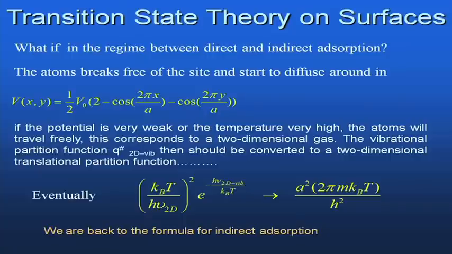High temperature means k_B T is much greater than h nu. So, that means they will have the option to move around the surface here and there in 2 dimensions.